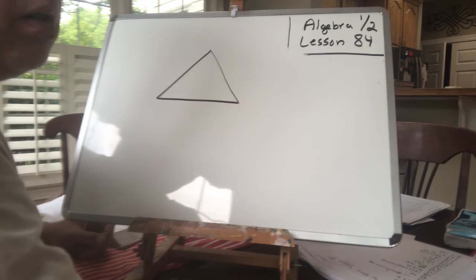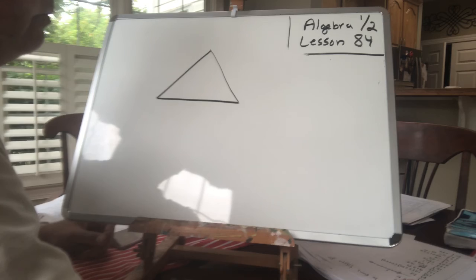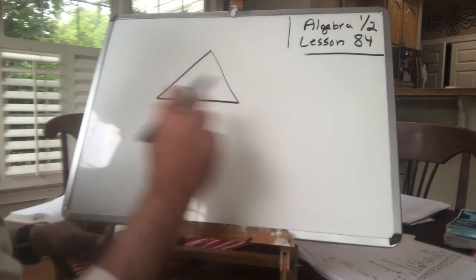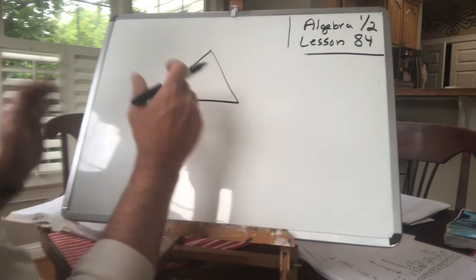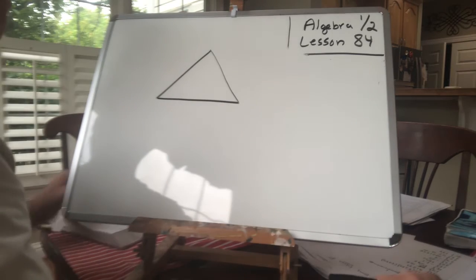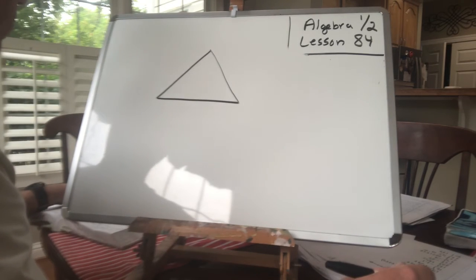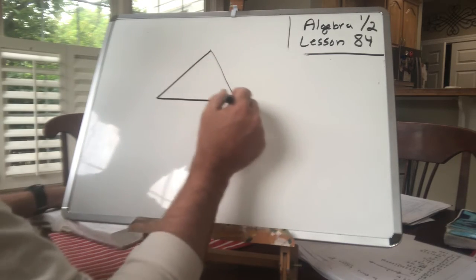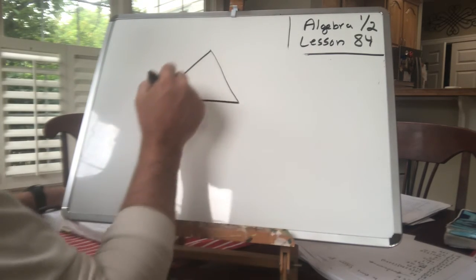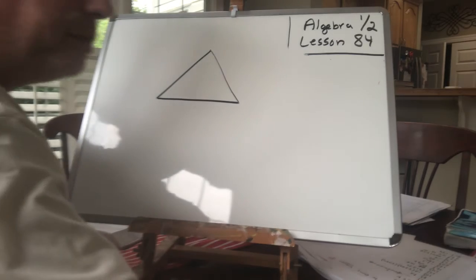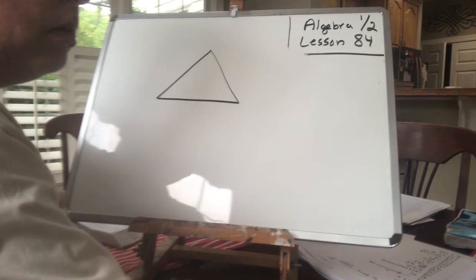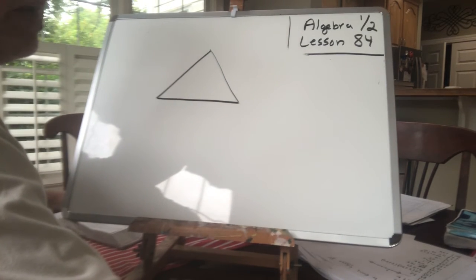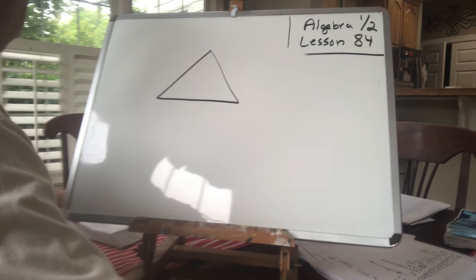Equilateral means all sides are the same length. Now, I don't know if all these sides are the same length, but let's just say they are. Equilateral triangle means all the sides are the same. And it says the perimeter of this triangle is going to equal 2 feet. Okay? So it says, how many inches long is each side?